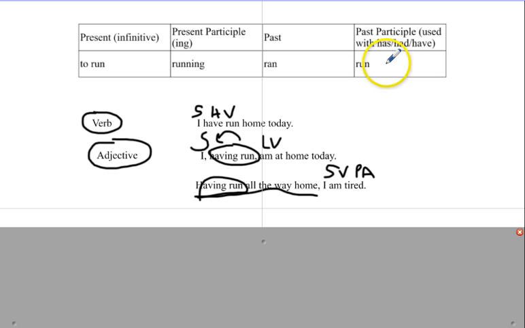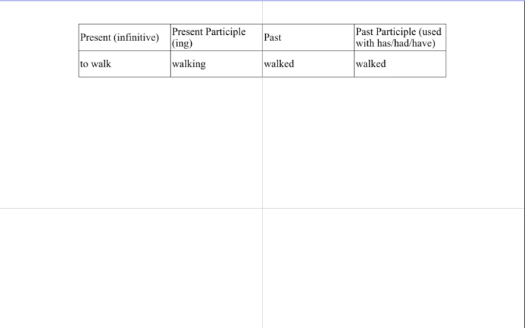So we're looking at this past participle form, and we can use it as a verb, we can use it as an adjective, we can use it as a participial phrase. All right, so we practiced with "walk," same thing. You would come in and you could say, "I have walked." That's using "walked" as a helping and a main verb.